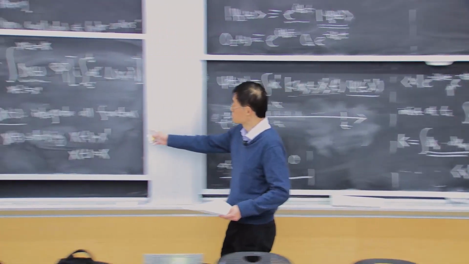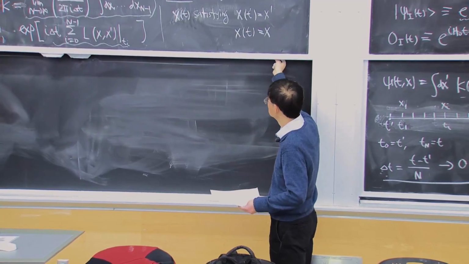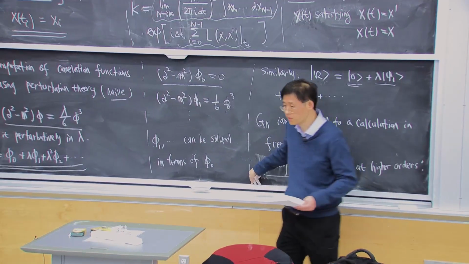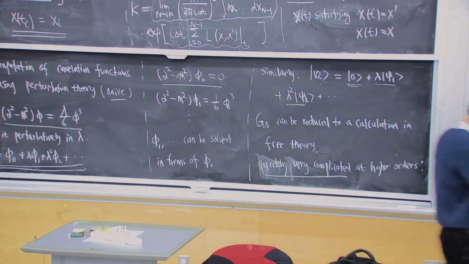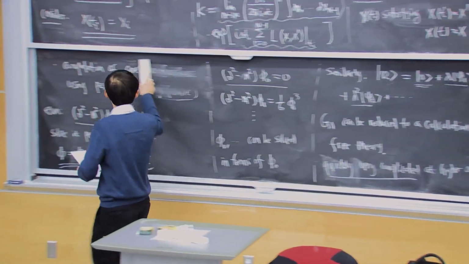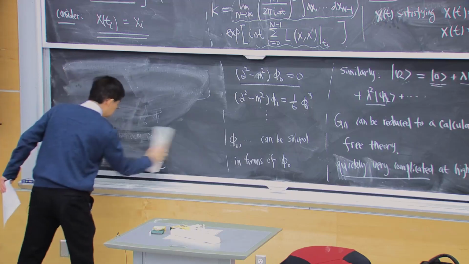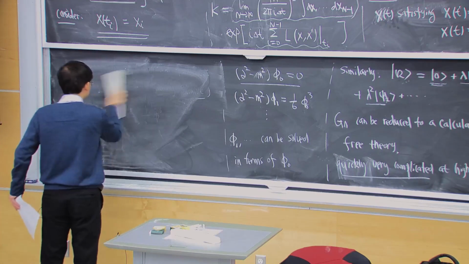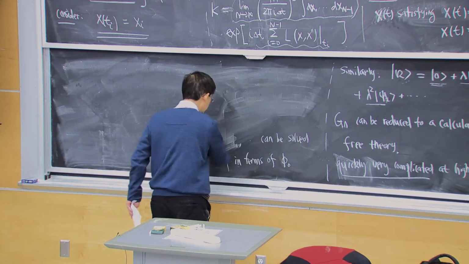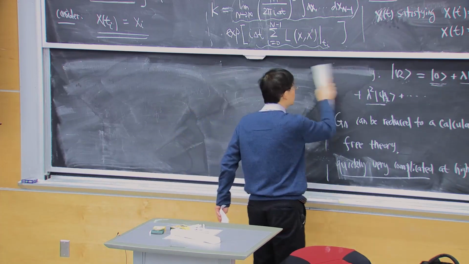So now this has a very simple physical interpretation. We integrate over all possible functions x between t and t prime with endpoints fixed.